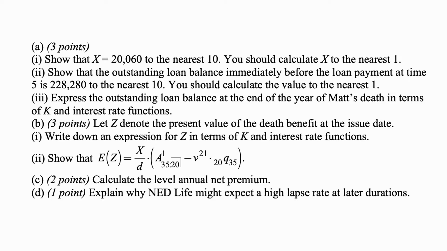Part B, let Z denote the present value of the death benefit at the issue date. Part 1, write down an expression for Z in terms of K and interest rate functions.